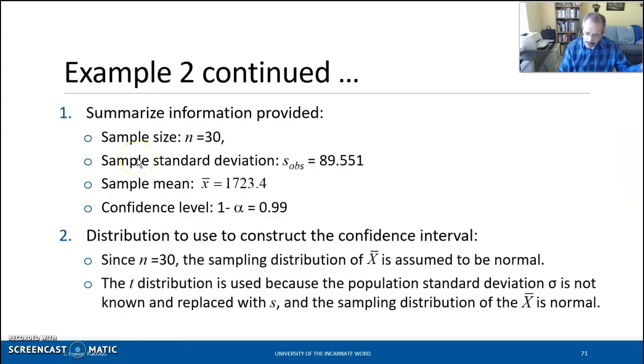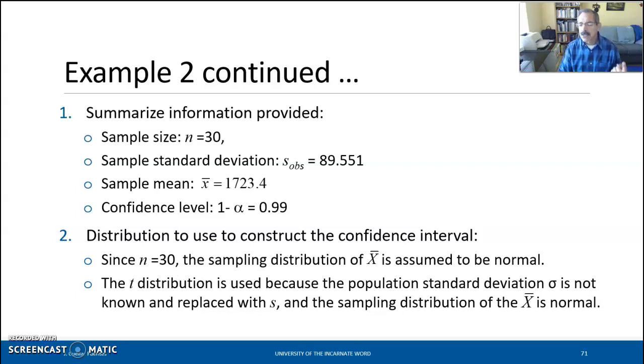As in the previous example, gather all your information and write it down so you don't make any mistakes when you calculate the confidence interval, and then verify that you can use the t-distribution. Here they don't tell us what the population distribution of the insulators is, but we have a sample size of 30.